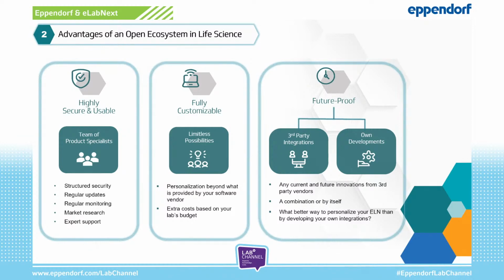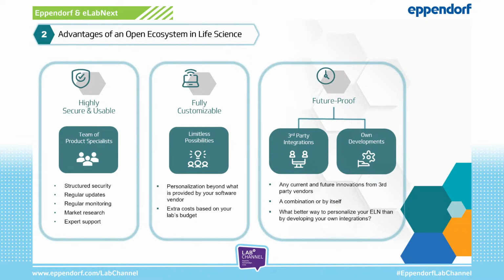With the flexibility that comes with an open ecosystem, you can stick to your budget while incorporating the exact software that you need for the kind of research that you are doing. So personalizing it and adding new features that are relevant to you and not really adding the ones that are not.